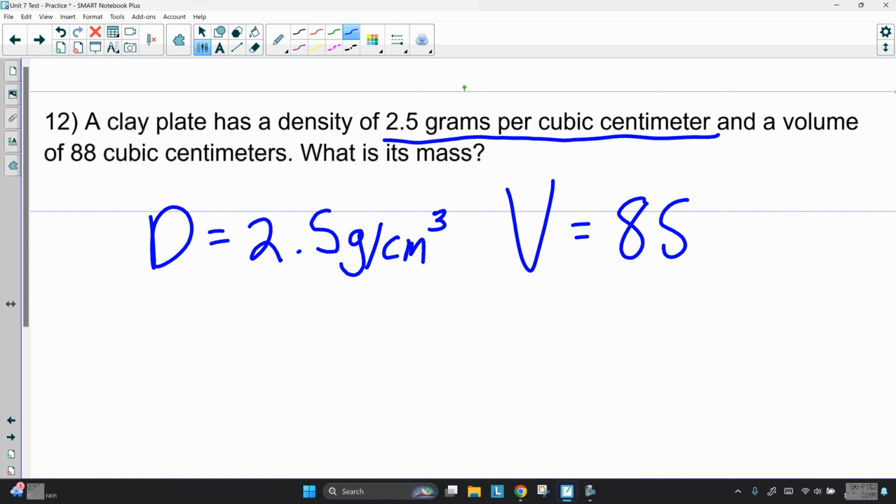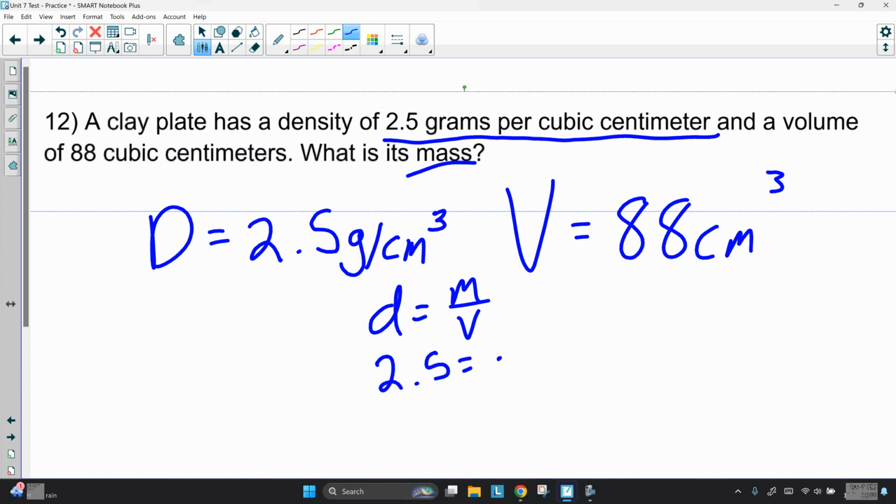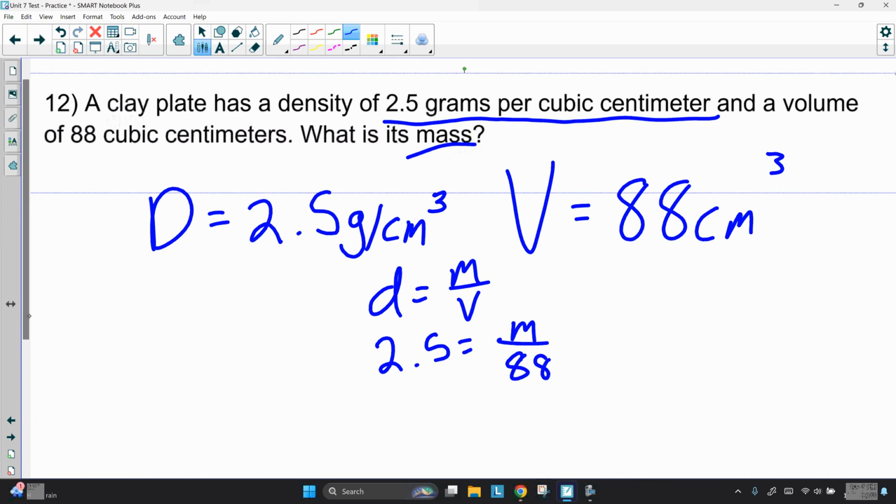They want to know what the mass is. So we can simply plug in our values. 2.5 equals mass. We don't know it. I'll leave it as an M. And volume, 88. I think in class, we simply just cross multiply. I think y'all are used to it. So M times 1 is M. And then we're going to be multiplying 88 times the 2.5.